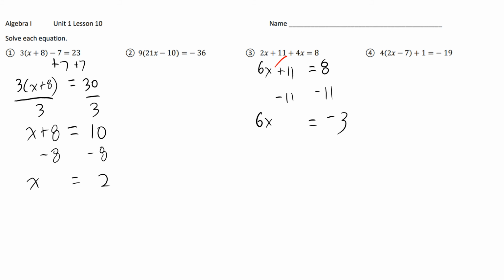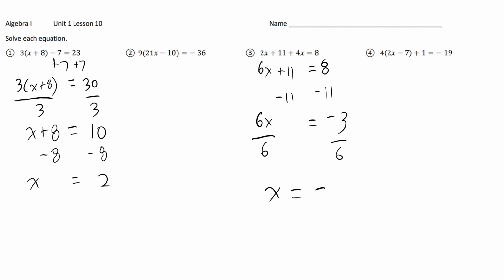Notice the positive 11 and the negative 11 canceled out. Now I can look for any multiplying or dividing to undo, and so I'll say, hey, I will divide by 6. My answer will be negative. And 3 over 6 becomes 1/2.